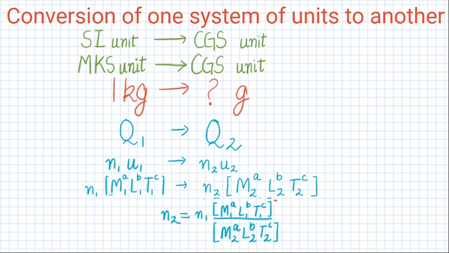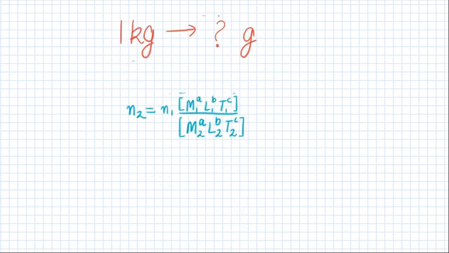Let me write this expression in my next line. If I have to convert this 1 kg to grams, I can use this formula. But before using this formula, let us write this kg in terms of MLT, and similarly this gram in terms of MLT.